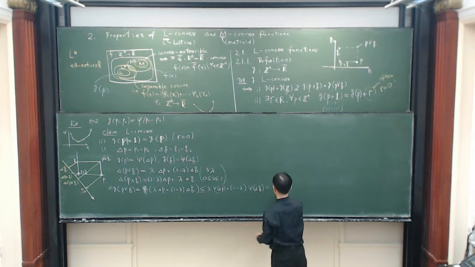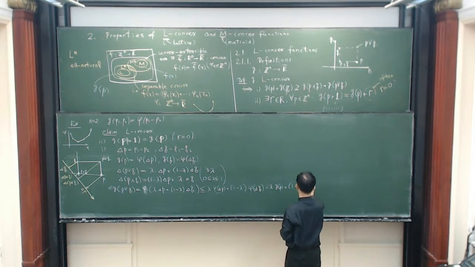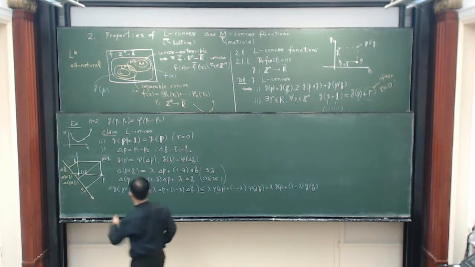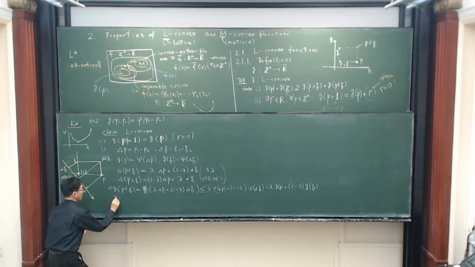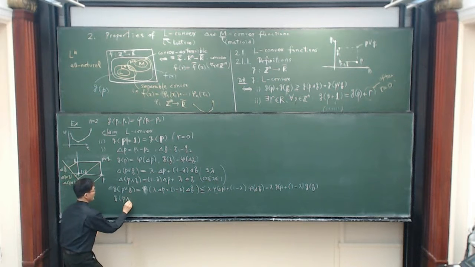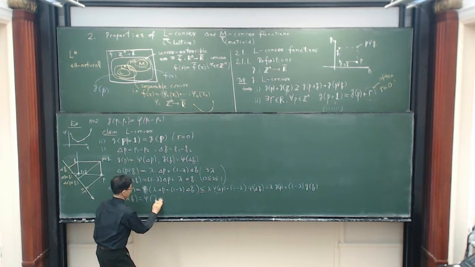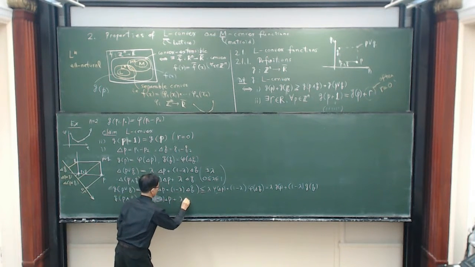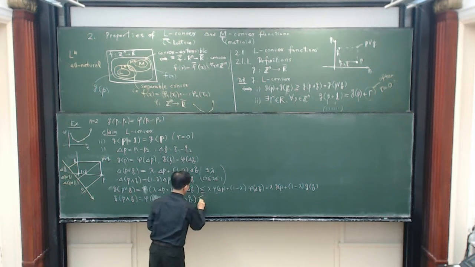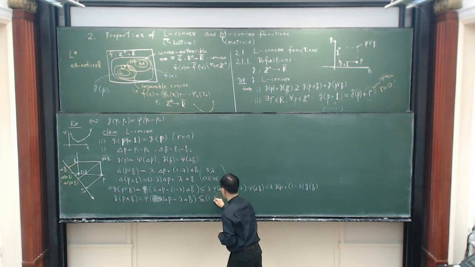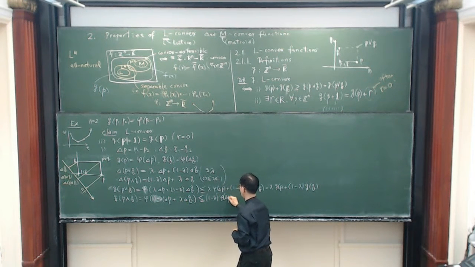And write a similar formula for the meet, just by changing this, then this automatically gets 1 minus lambda. Using the same inequality, but now with different coefficients, we have this.